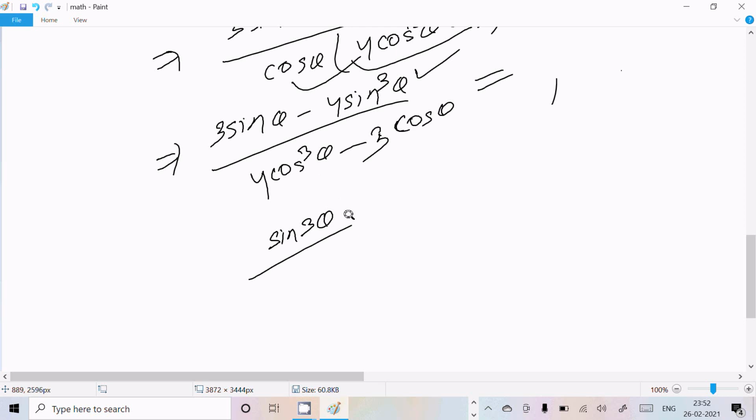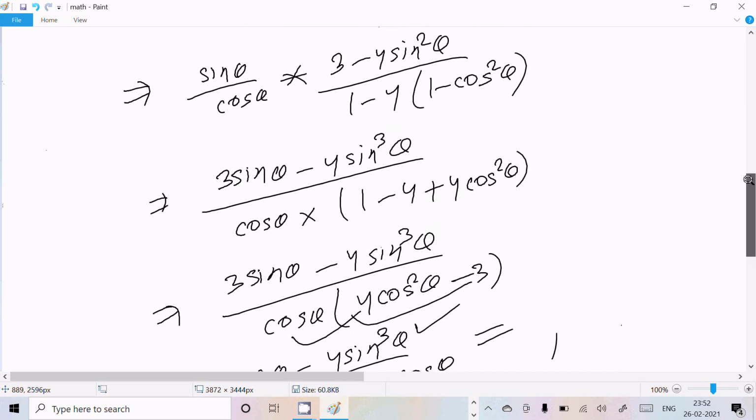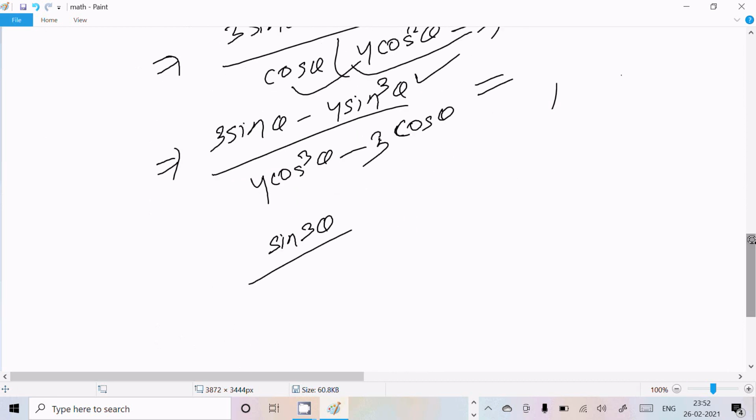So here in place of this we can write cos 3 theta. Now sin by cos we can write as tan 3 theta.